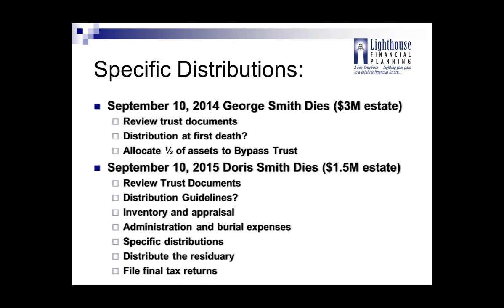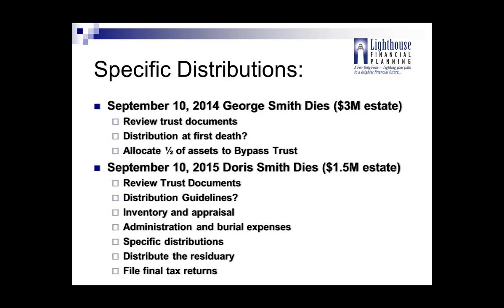So assuming George Smith dies on September 10th, 2004, Doris would be the sole trustee at that point, unless she was incapacitated, or we had an individual trust here for George and needed maybe an independent trustee to act. But otherwise, Doris would be the sole trustee, and she would need to go back to the trust agreement at this time, review it, and see if any distributions are required at the death of her husband George.